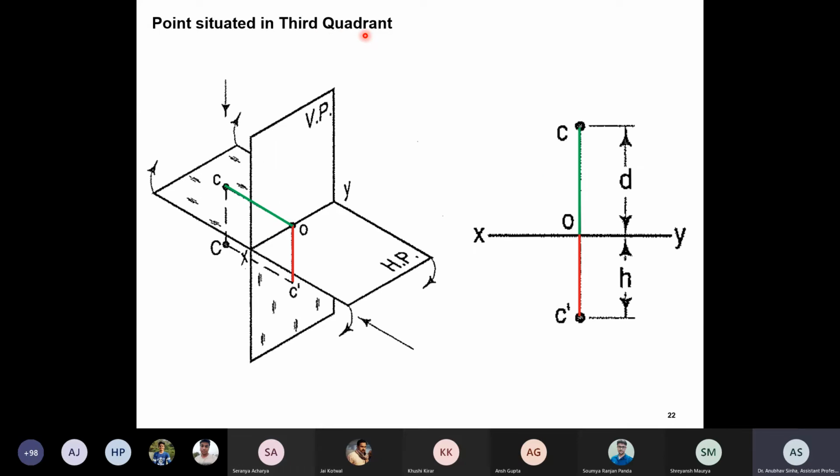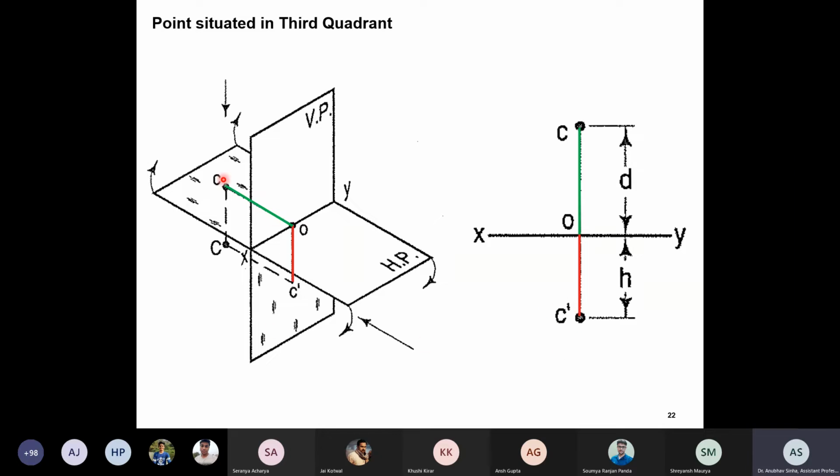Now let us go to the third quadrant. In the third, again, the point is located here at C. So it has projections here and here. Sorry, C dash here. So again, I will rotate this. This is now like opening the book, because one plane is here, one plane which is at 90 degrees. Now it will be flat. So you see here, C point is shown here, small c, and this is small c dash.